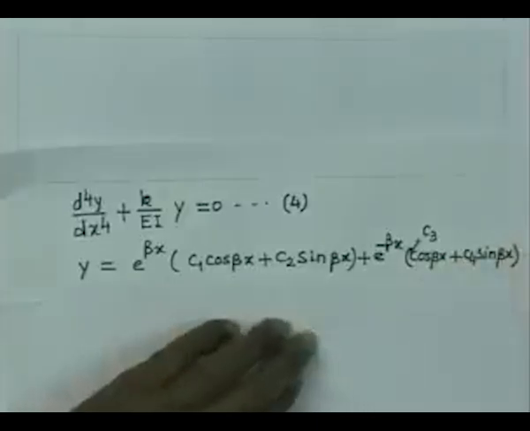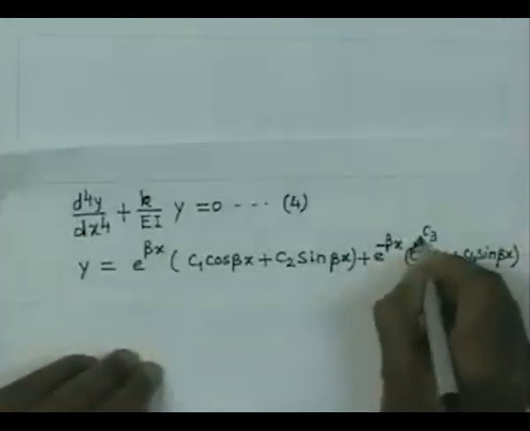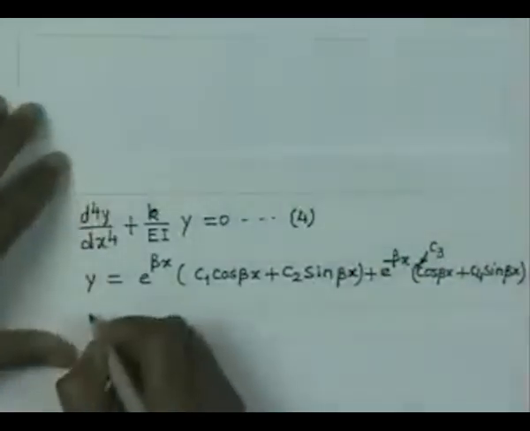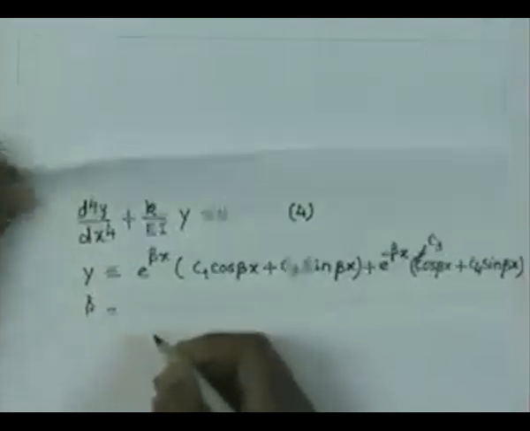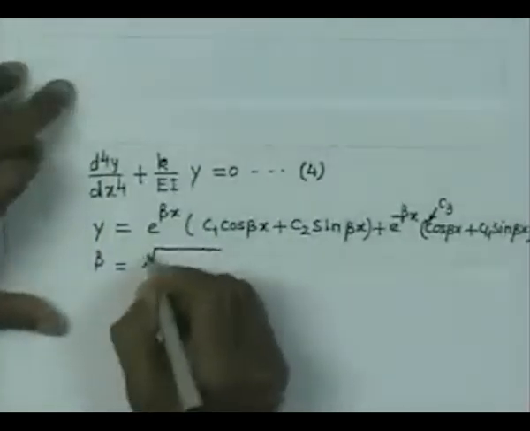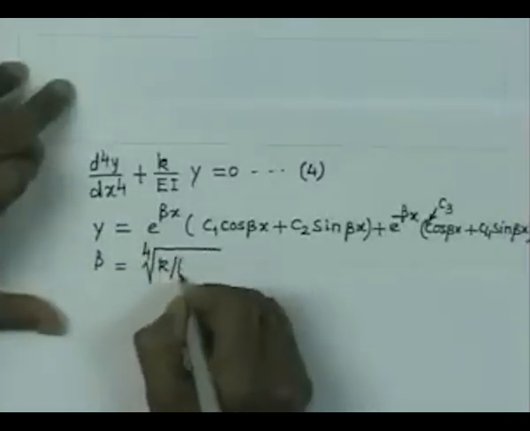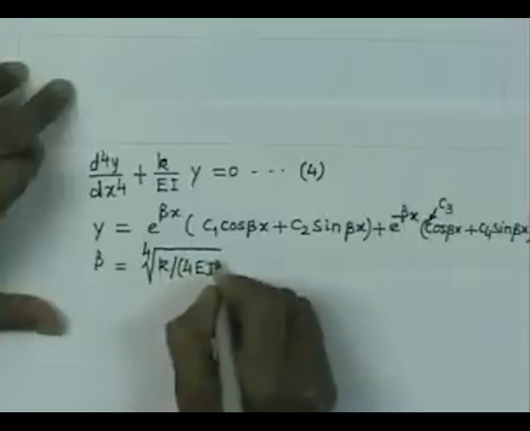That is the solution, wherein this beta is nothing but the fourth root of the ratio k by 4EI.